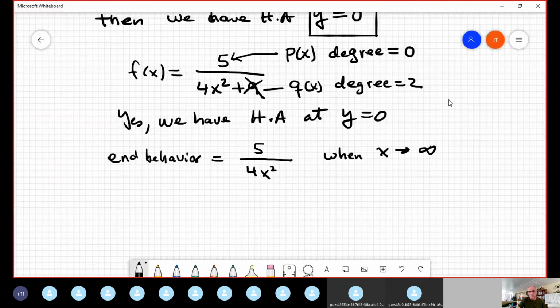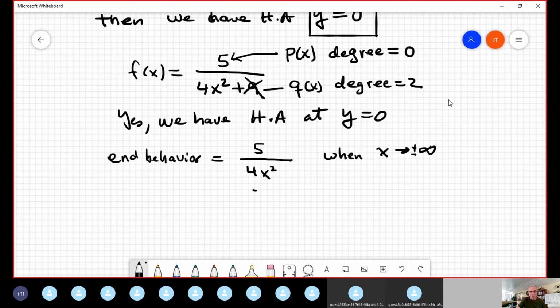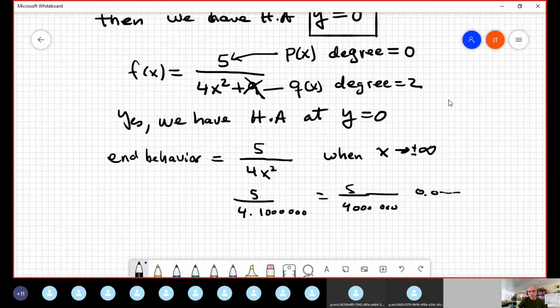Negative is the same because when you square, it becomes positive. So this is 5 over 4 multiplied by 1 million squared, 4 million. And 5 divided by 4 million is obviously a very, very small number, a decimal 0.000 approaching 0. This is the idea of the horizontal asymptote.